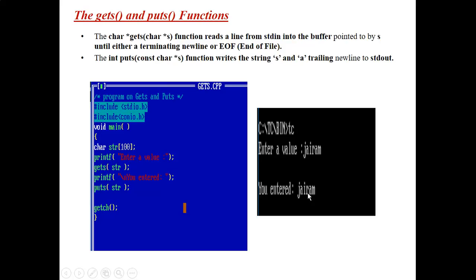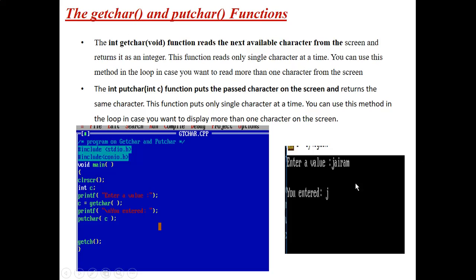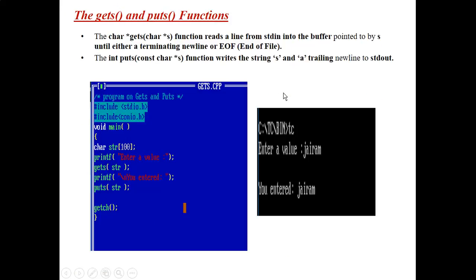While in the getchar and putchar functions, it prints only the first character of that name. Why? Because it reads one character at a time from the keyboard and passes that character onto the output screen. Whereas the gets function continuously takes the input from the user until it encounters a newline or an end of file.